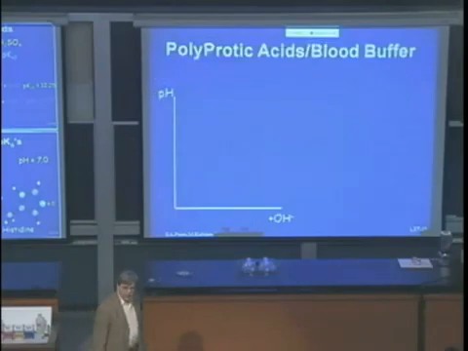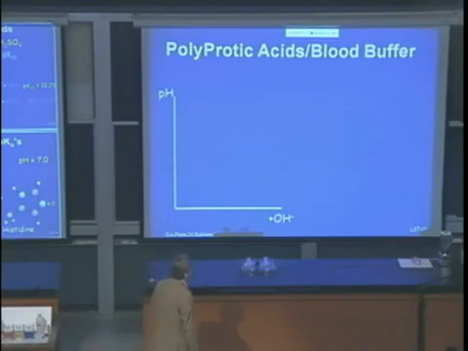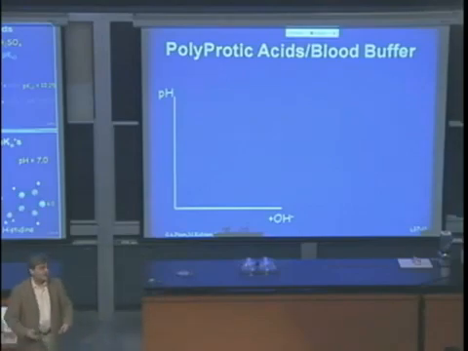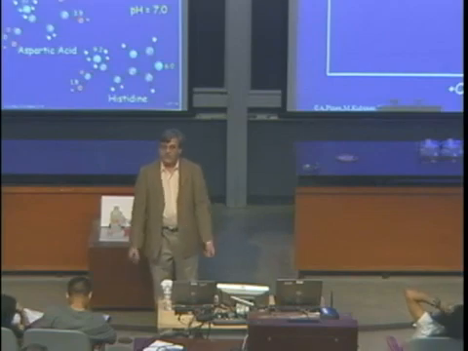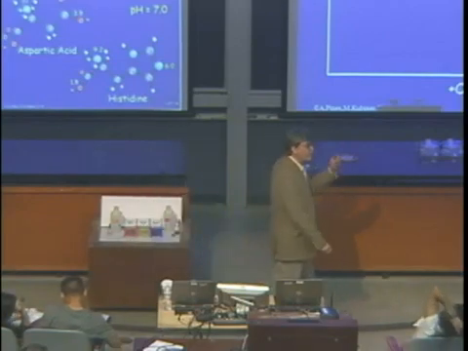Good. So let's talk a little bit about our blood and the buffer. Our blood is buffered. Many of the reactions that happen in our body require buffered systems, and they are very, very sensitive to pH.